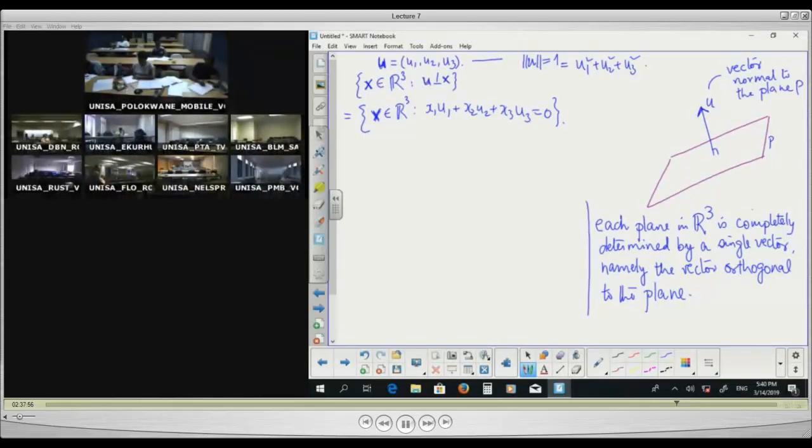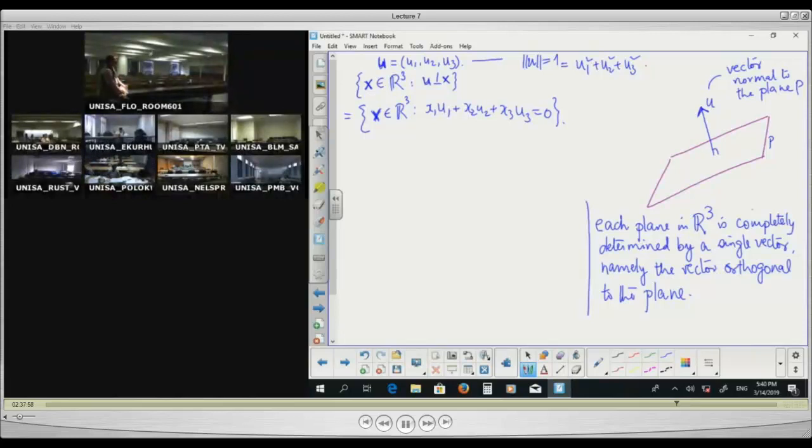Two vectors are parallel provided... so, vectors A and B, you want to say that these are parallel, right?